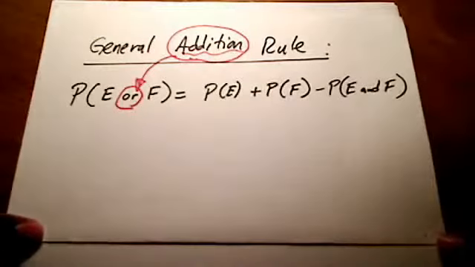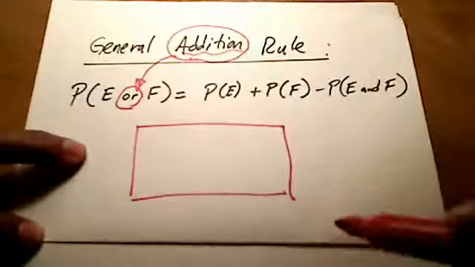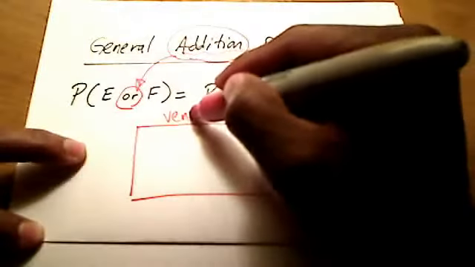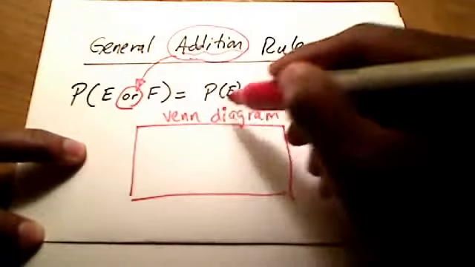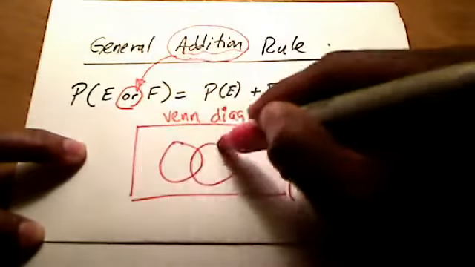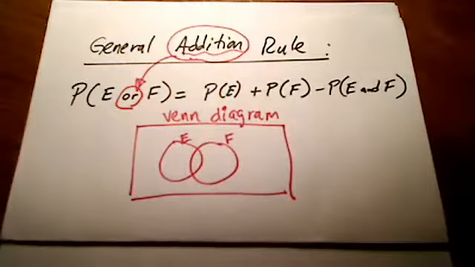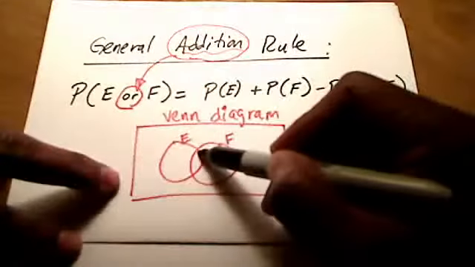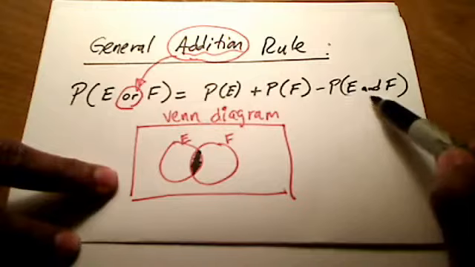And what's really happening here is, maybe I should draw a little Venn diagram picture. This is what we call a Venn diagram. And I hope you see that I have two events, event E and event F, that overlap a little bit. In this case, this little section right here, where they both overlap, is what's considered my AND.